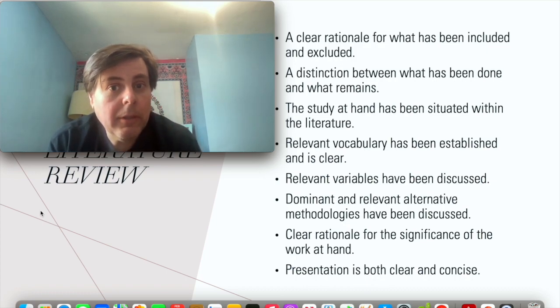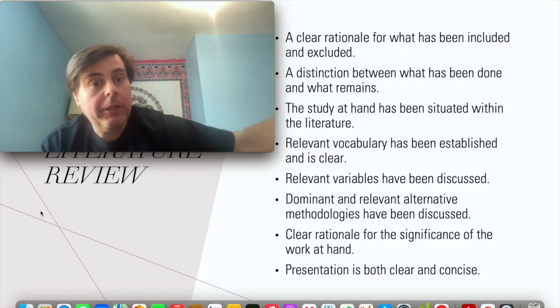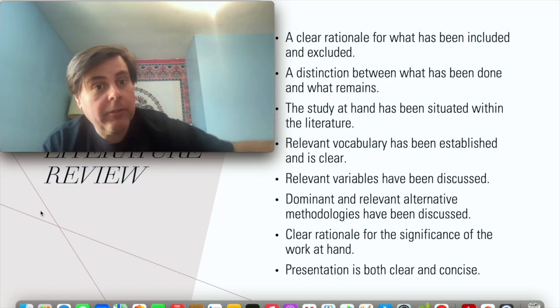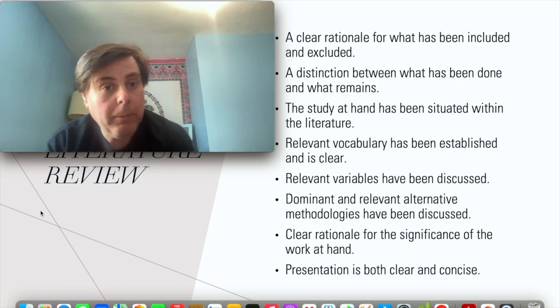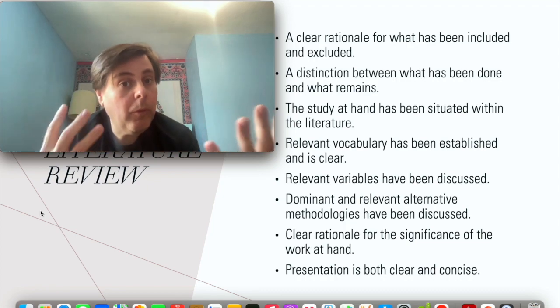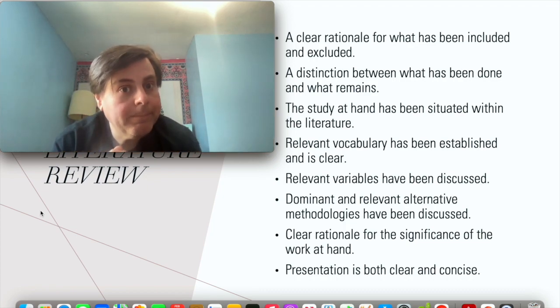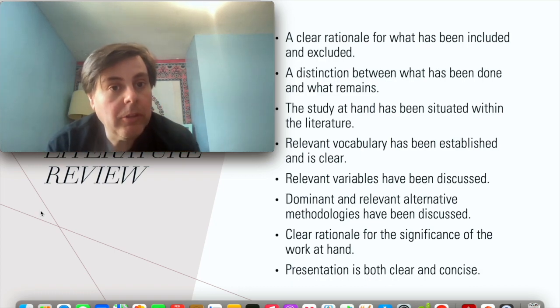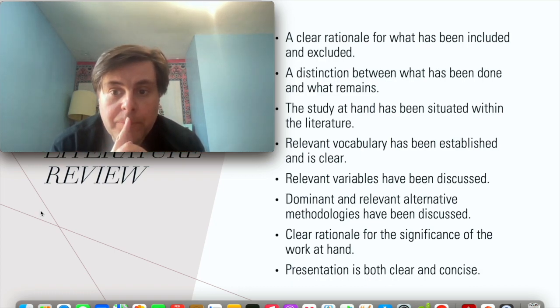Okay. You'll say more about this in your methods section, in your data section of a paper, but in the literature review, we still want to start building this foundation for what type of variables we're including in our analysis.